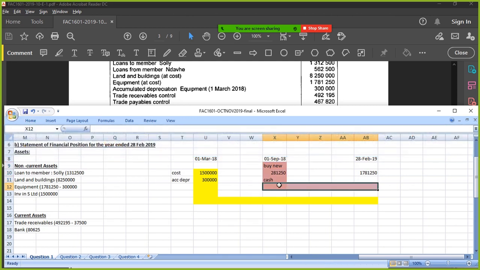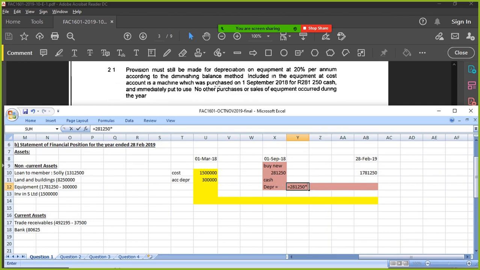Okay, so that gives you depreciation here of 281250 times what is the rate? 20%. Okay, times September, 6 months. October, November, December, January, February. I count 6 months. Okay, and then obviously this carrying value.